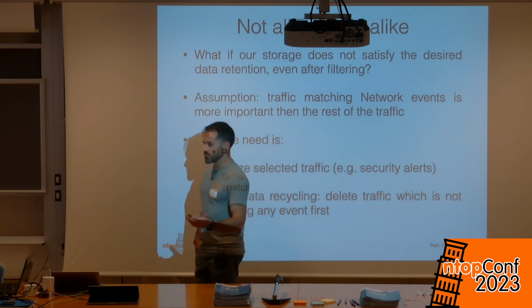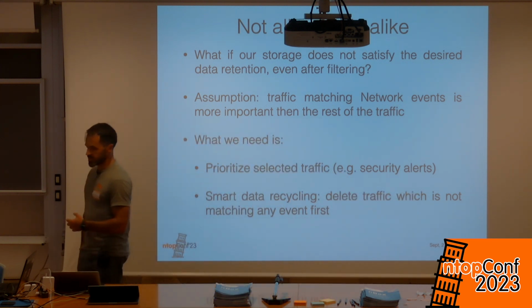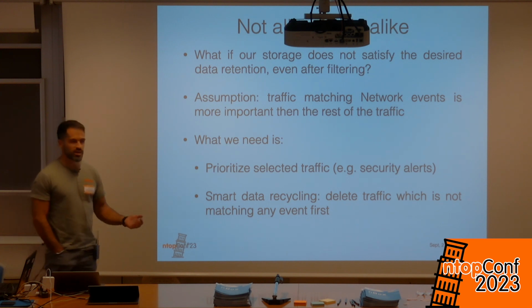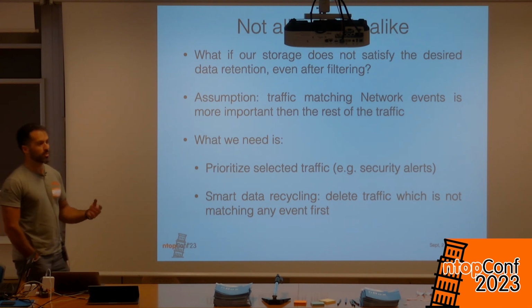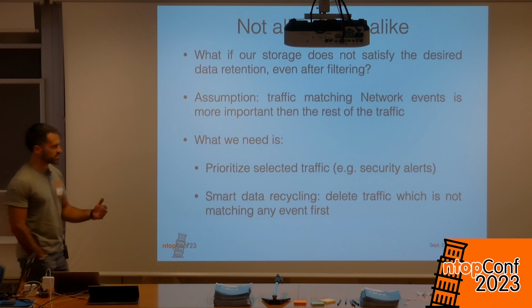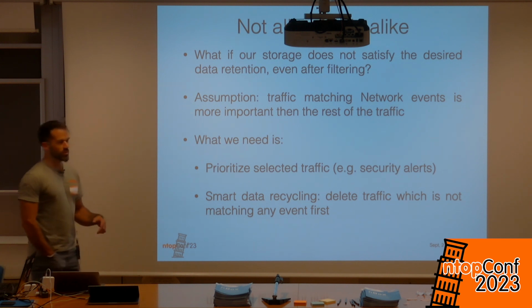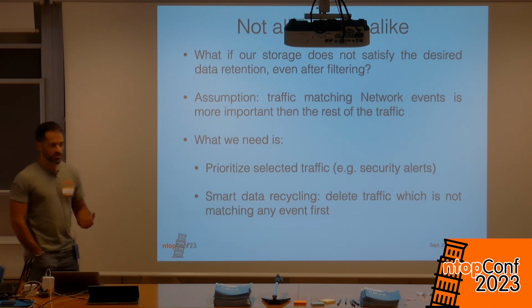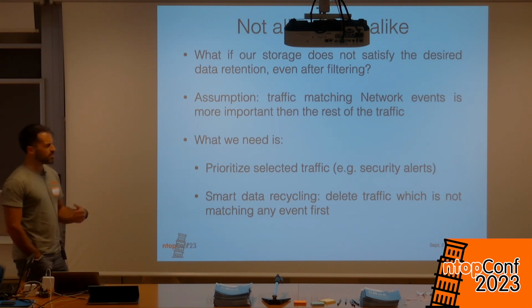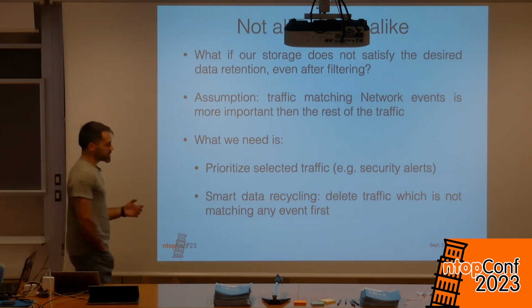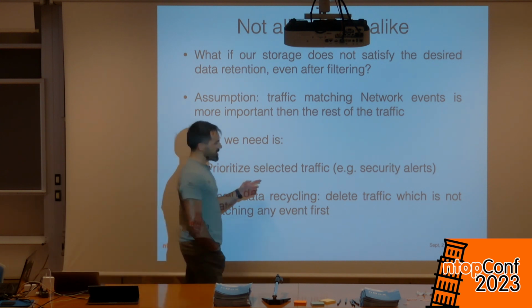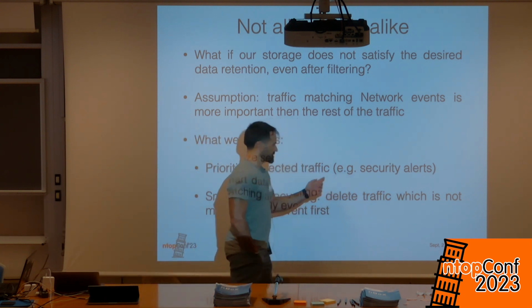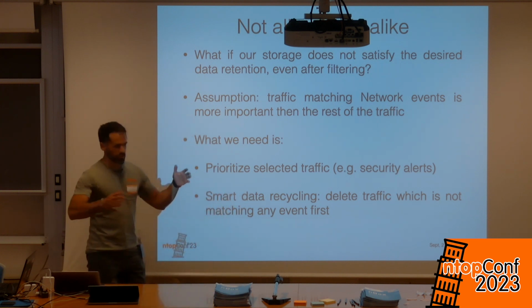So when ntopng, for instance, which implements behavioral checks, detects that there is an anomaly for a host or a specific flow or something, it emits an alert. Or when ntopng receives security alerts from Suricata, for instance, which is an IDS, it emits an alert. So the idea was to prioritize traffic which is matching alerts and discard the rest of the traffic when we feed the disk.